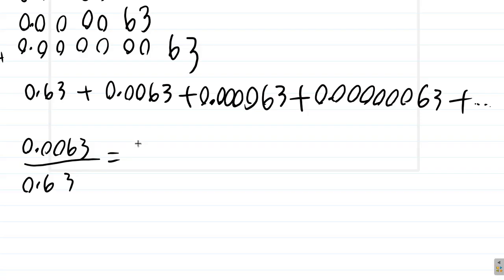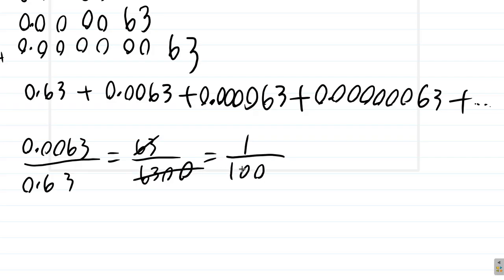The top will become 63, because we multiply it by 10,000, we move the point 4 places to the right. Let's do the same thing here. This would be 6300. Now 63 into 6300 goes 100 times. Okay, so we get 100.